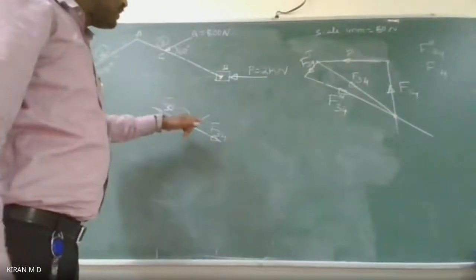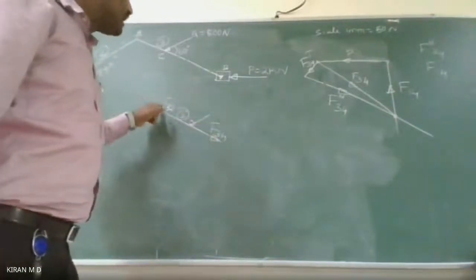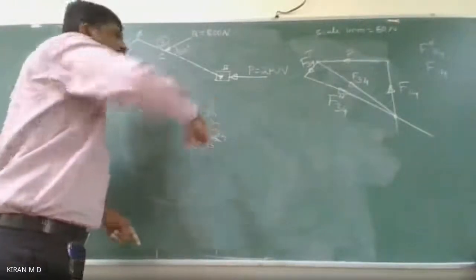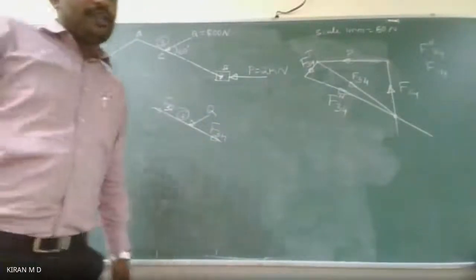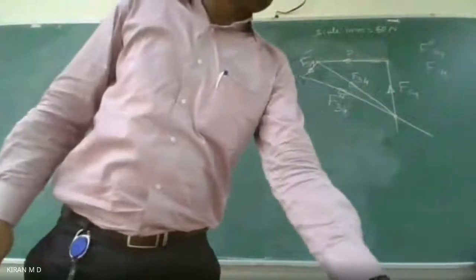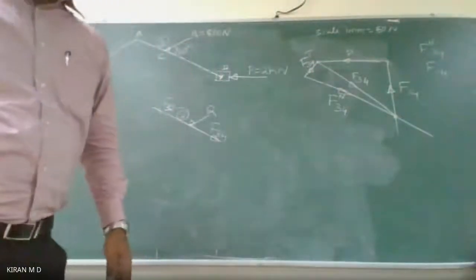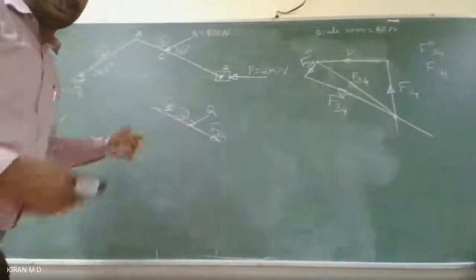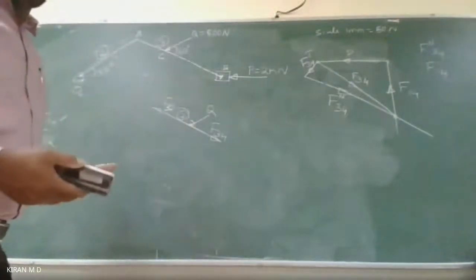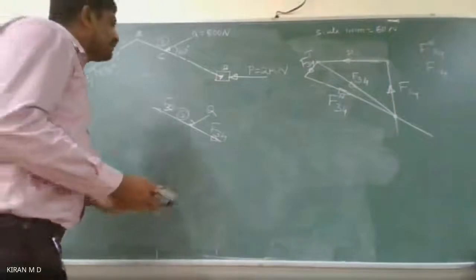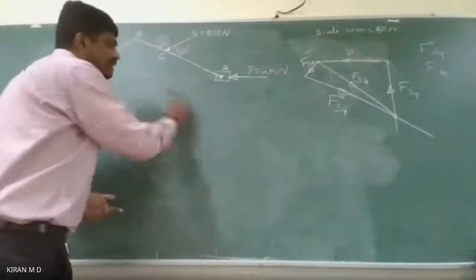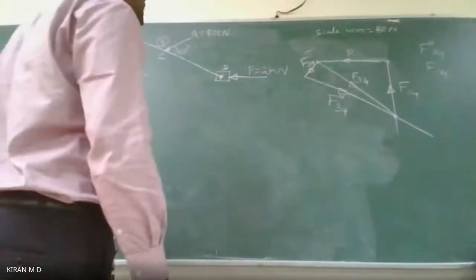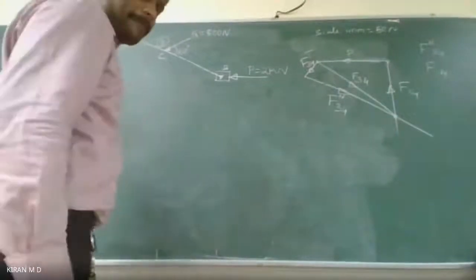In the previous problem F34 is equal to F32 because there is no additional force, but in this problem we have another force Q. So by using that, we need to draw the force triangle, because with three forces, to achieve equilibrium, we should draw the force triangle. Okay, triangular force.